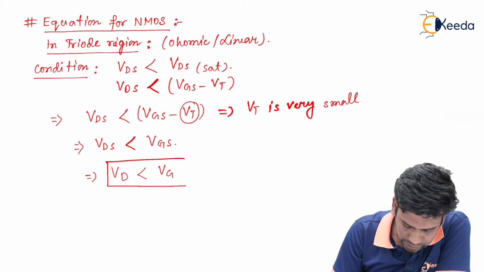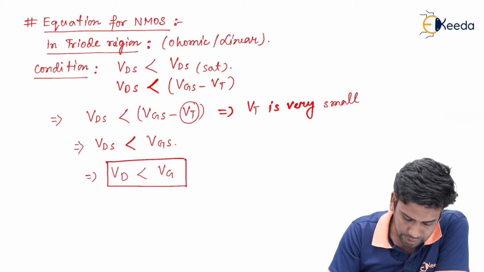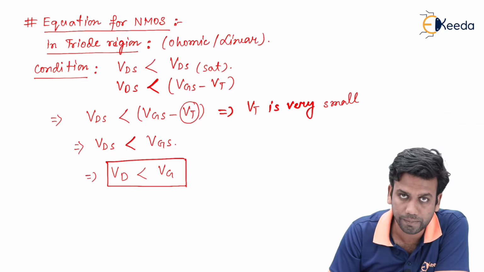So this is the condition for the triode region, and in this triode region we will get a current which will increase linearly with VD.